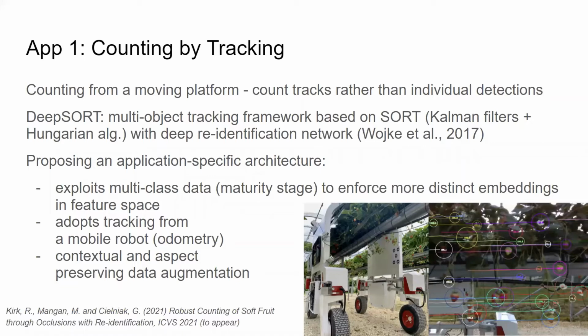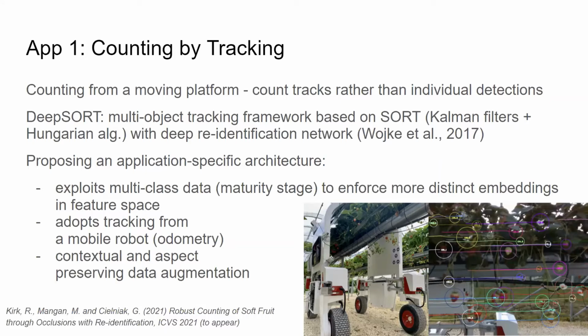And so this work done by Raymond is utilizing one of the classic multi-object tracking frameworks, which is based on SORT. It's a very pragmatic framework, suitable for online applications, which was then extended by Wojke and colleagues to also include a re-identification step.